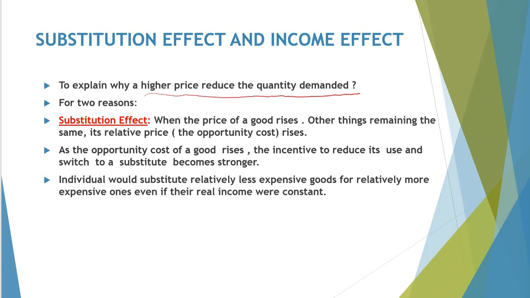Harga barang tu naik tapi harga barang lain constant je, sama je kan, tak tukar-tukar. Jadi harga barang A ni asyik naik je, tapi harga barang B ni constant. So harga barang A ni dikatakan sebagai relatively more expensive.